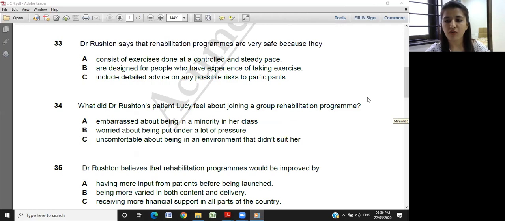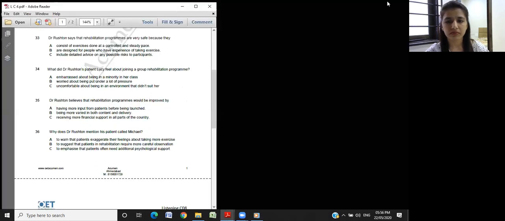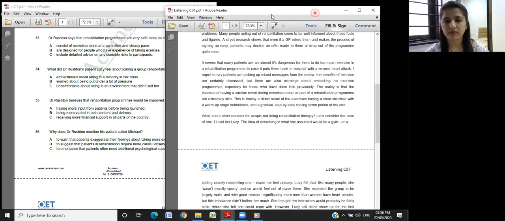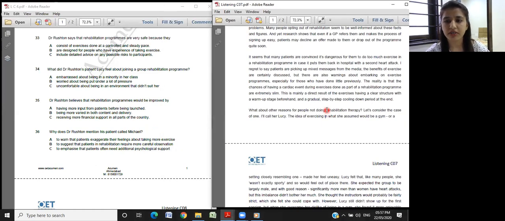Okay, now for the second one, some of you have decided A and B. But both A and B are wrong answers because they both were ruled out. Okay, let me again show you the transcript. Let's see if you can see the transcript here.